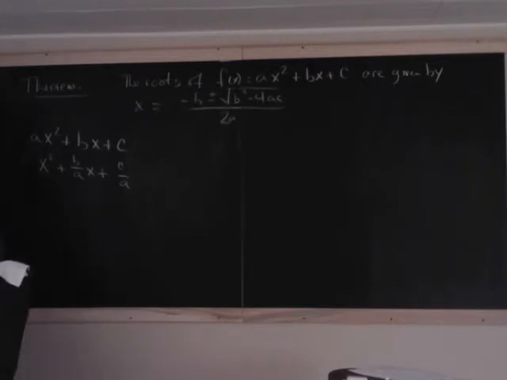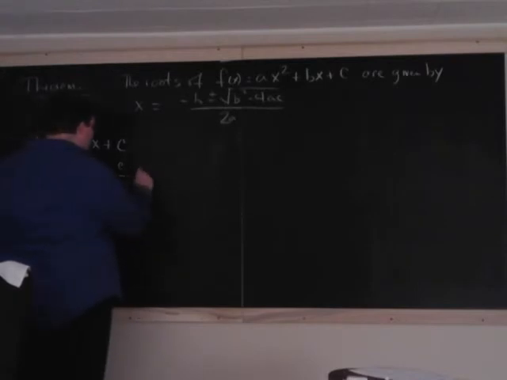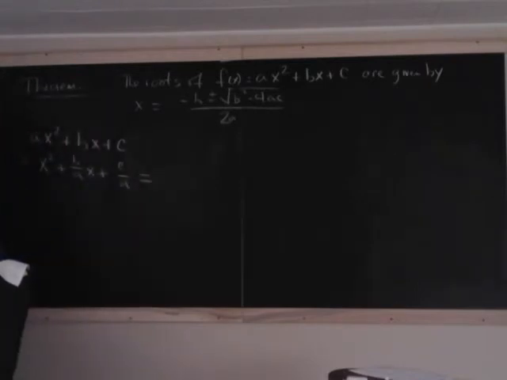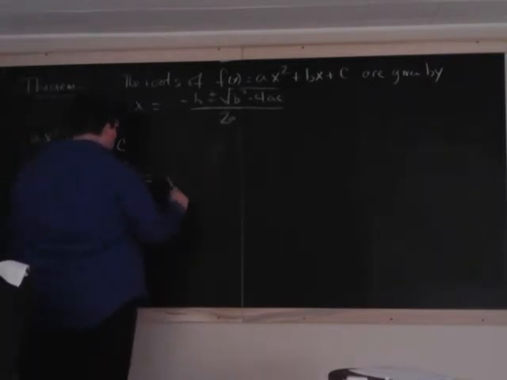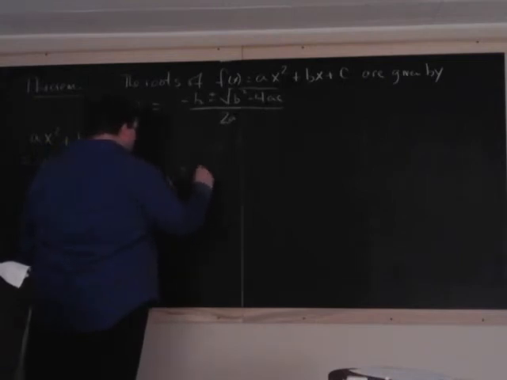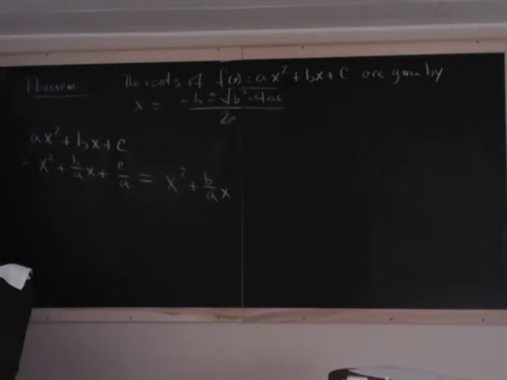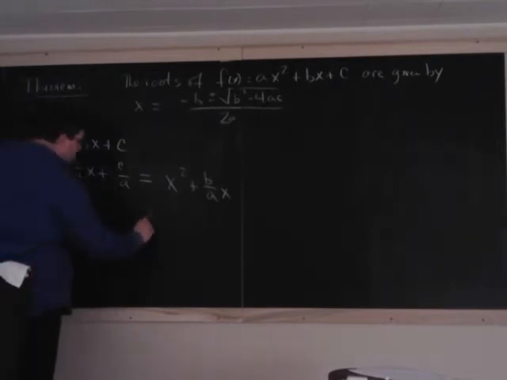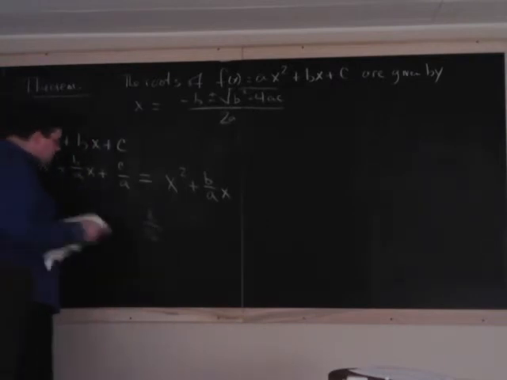Okay, well now we need to complete the square. So remember how we complete the square. You take half of this coefficient and square it. Well, what's half of that coefficient? We have b over 2a. Let's just give the answer away.